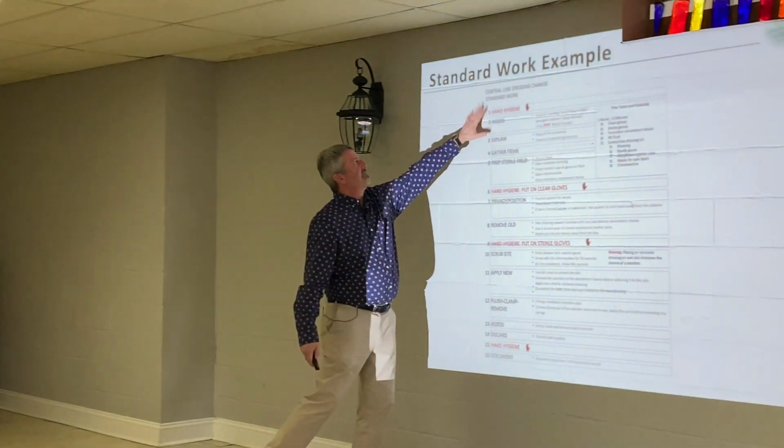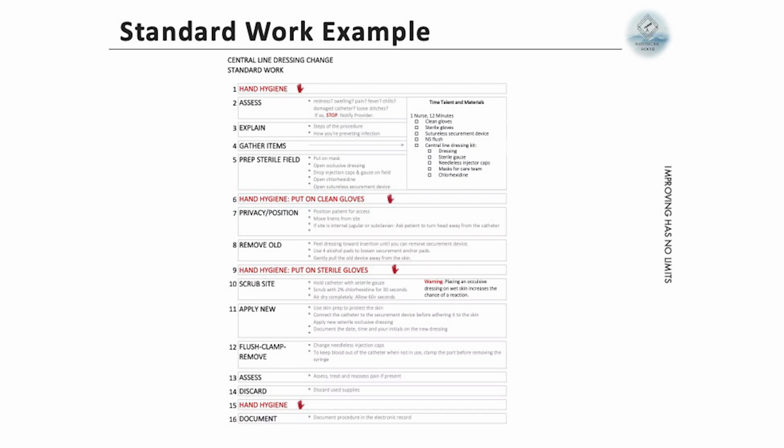This is for central line dressing change, hand hygiene, and it really is not the big book of how, it's just a quick, down and dirty, these are the steps. These are some of the key points for those steps, right? And I'm following these steps in this order. So assess, explain, gather items, prep, sterile.